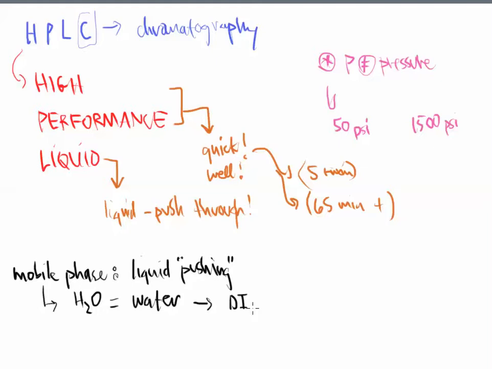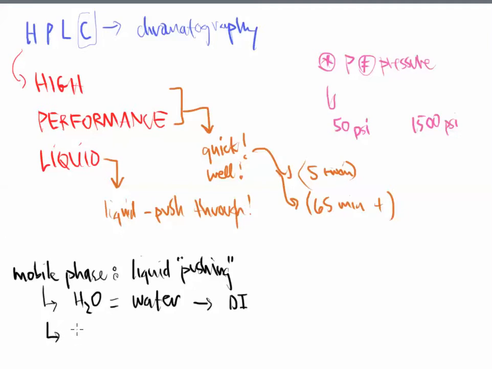We want this as clean as what we can get. And what we have in our lab at the ChemTech program on campus is a deionized system. So it's not distilled water that you'll be using, it's DI water. It takes all of the ions out of the water. So that's one of the mobile phase choices that we have.